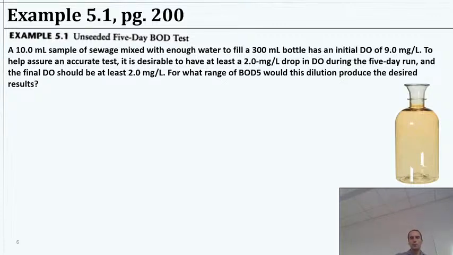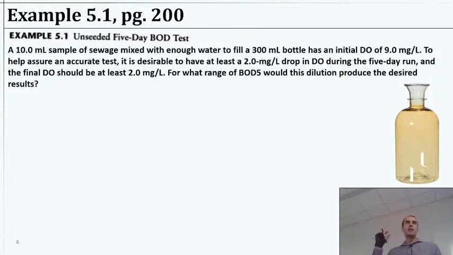Then it says to help assure an accurate test, we want to have some buffer. The little probes are not super accurate necessarily, so we want to make sure that there's at least a 2 milligram per liter drop so that we're confident that it dropped. That gives us a little more confidence during the 5-day run.